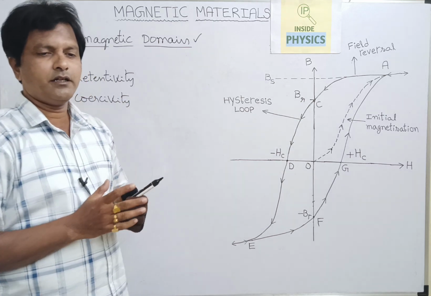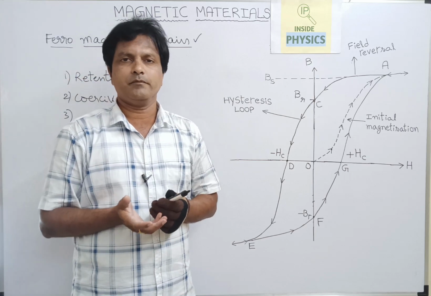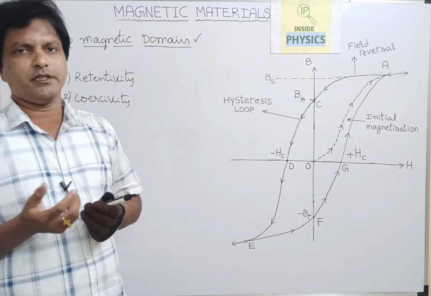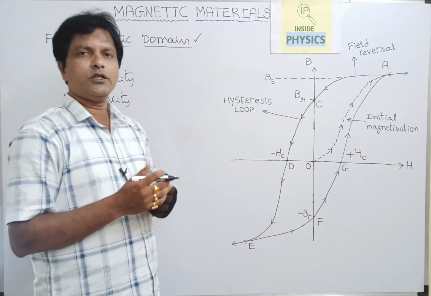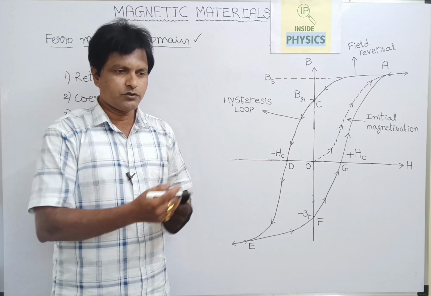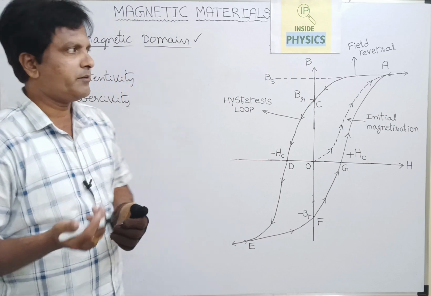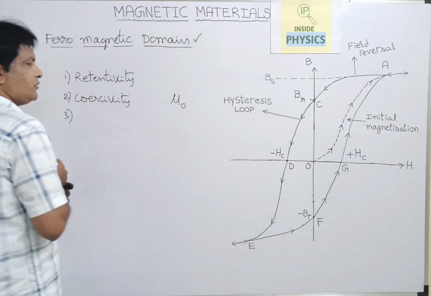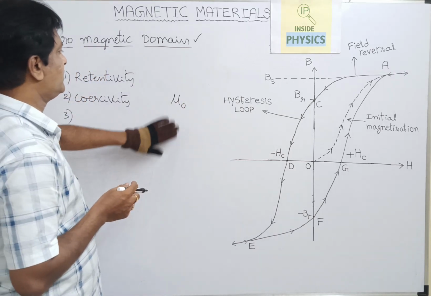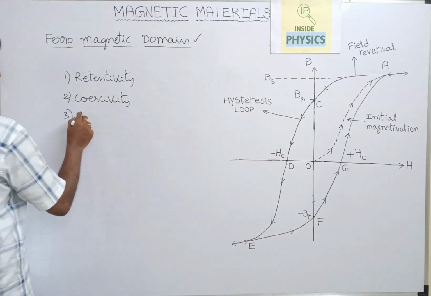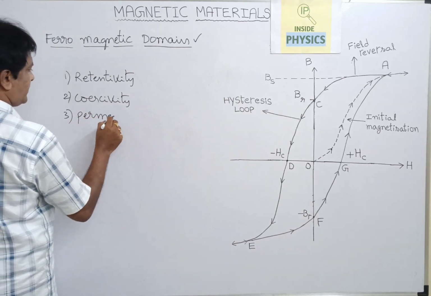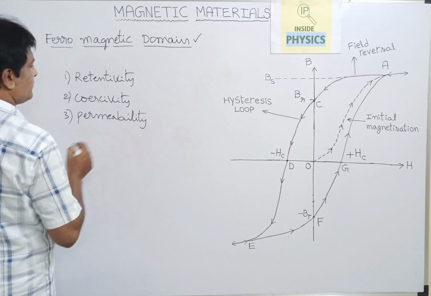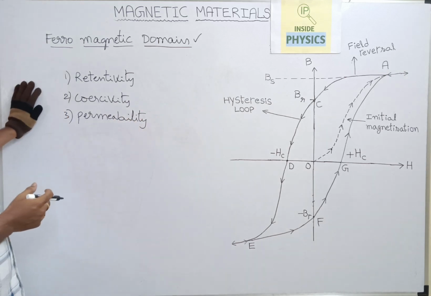Permeability is nothing but the tendency of the magnetic material to allow the magnetic lines of force to pass through it, that is, permission given to the magnetic lines to pass through the material. The permeability of free space is always represented by mu naught in magnetic processes.